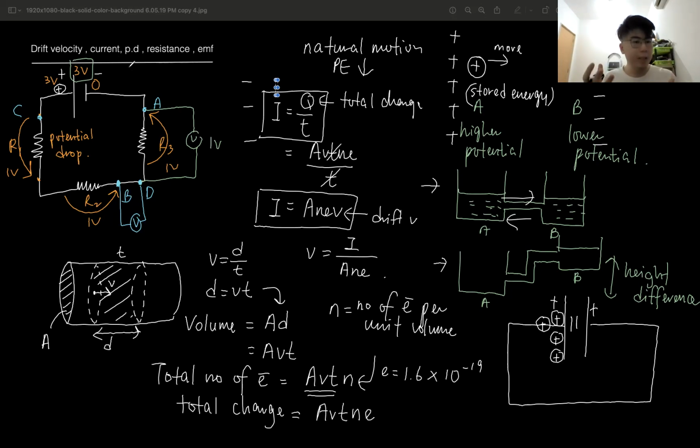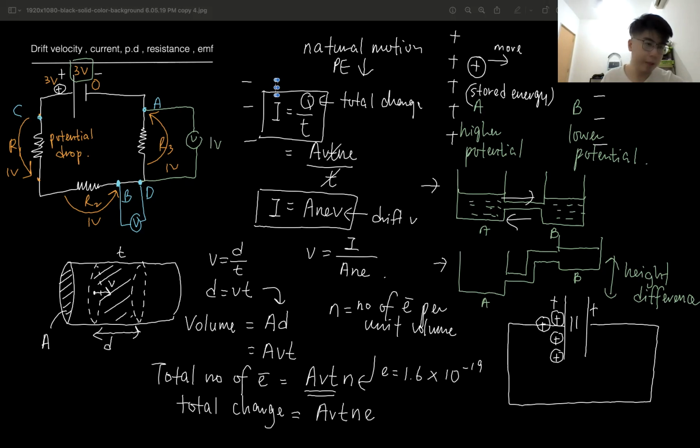Potential difference is the drop in energy. What is energy? Energy is work done. Can we measure work done? Yes, we can measure work done. So we define potential difference as work done.